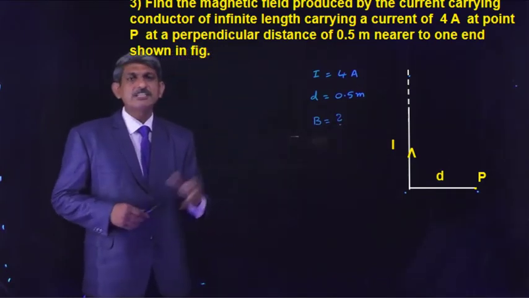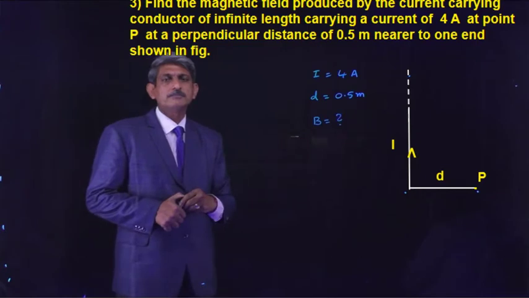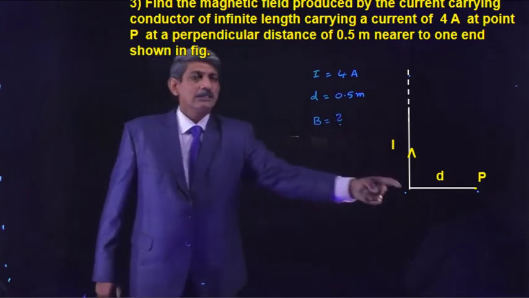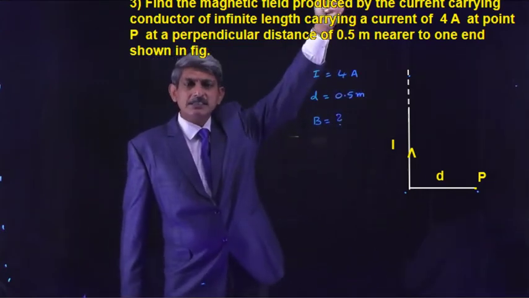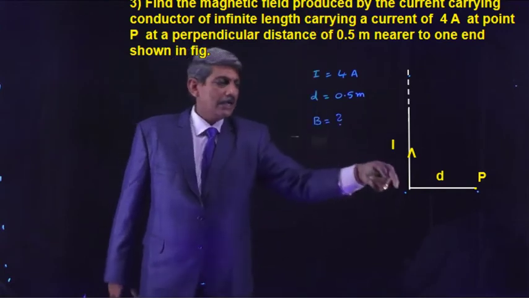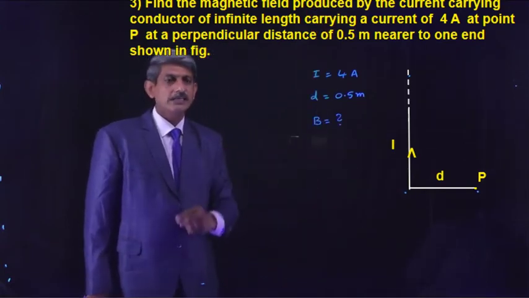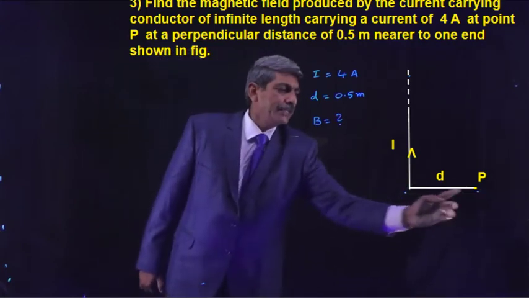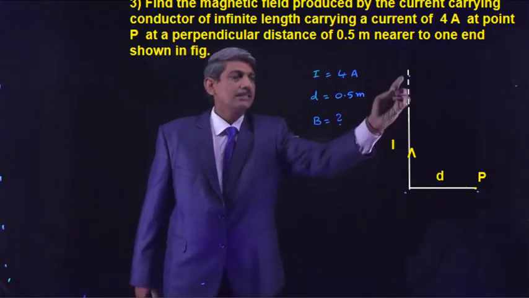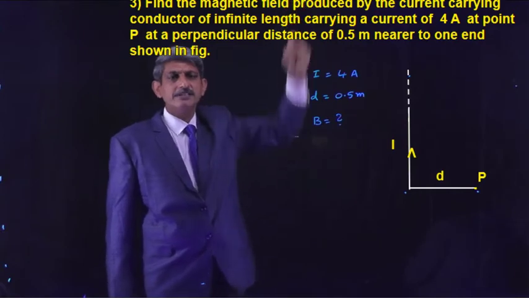Here, see the difference between the previous problem and this problem. In the previous problem, the wire has infinite length at the top end and also at the bottom end. Whereas here, the point P is nearer to one end, whereas the other end is at infinite distance.